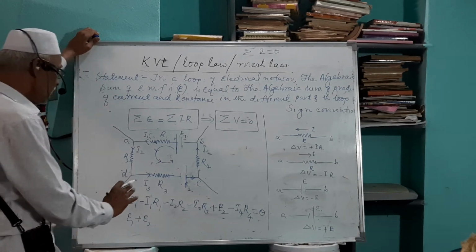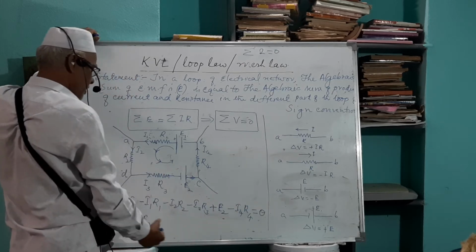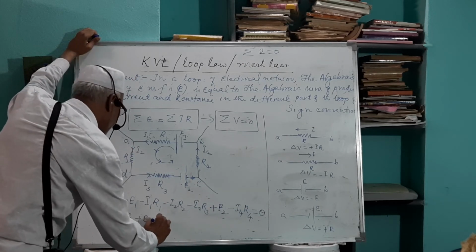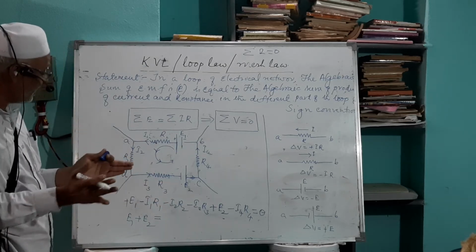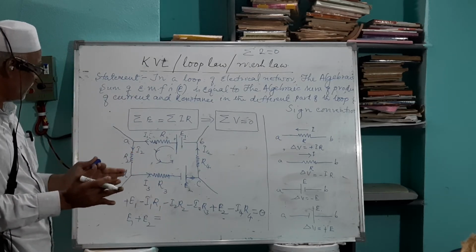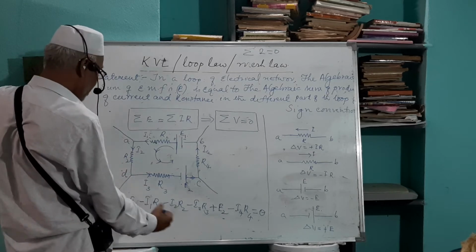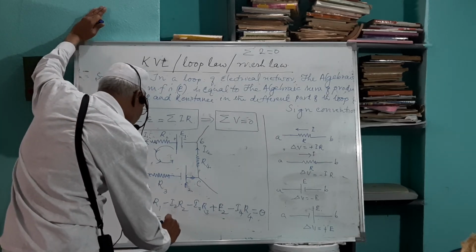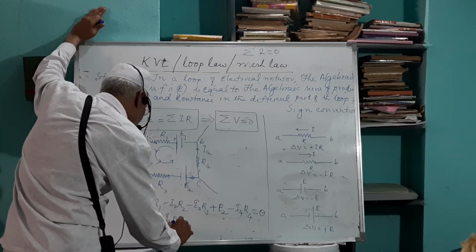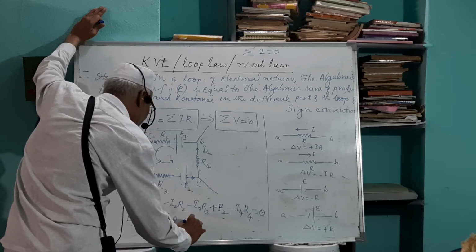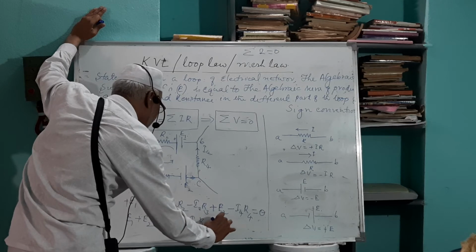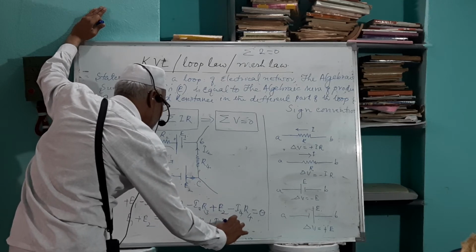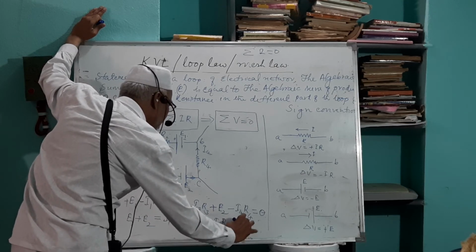Now, taking all these terms to that side, all the signs change. That is the sum of I1 R1 plus I2 R2 plus I3 R3 plus I4 R4.